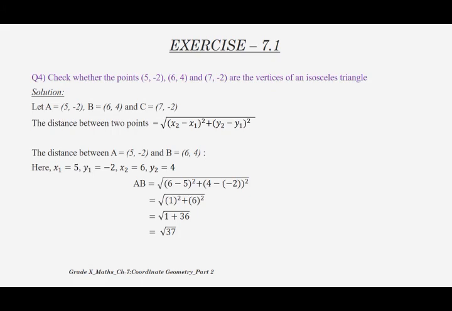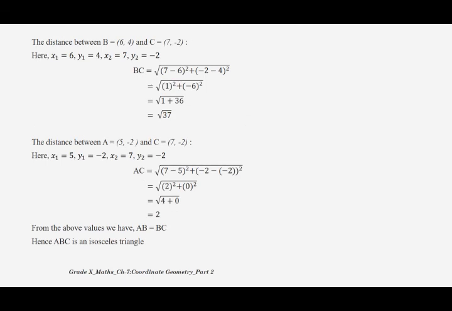So to begin with, we'll find the distance AB. After solving, we get the answer to be root 37. In the same way, we'll find the distance between B and C. After solving, we get the answer to be root 37.